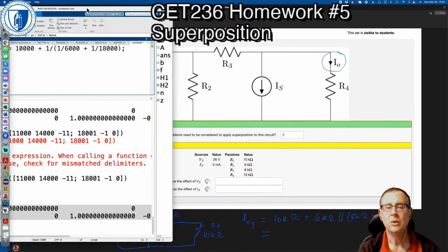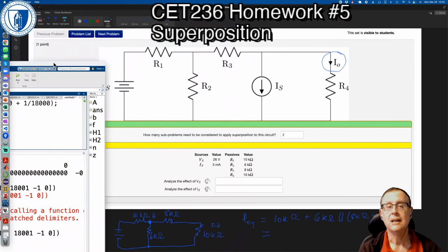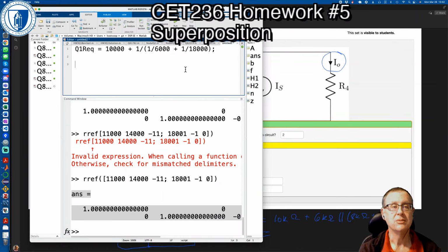And then the voltage, VS, is 26 volts. So the current, sorry, we want the voltage at A. So the voltage at A, we call it Q1 VA, equals the 26 volts times Q1 rec divided by Q1 rec plus whatever R1 was.